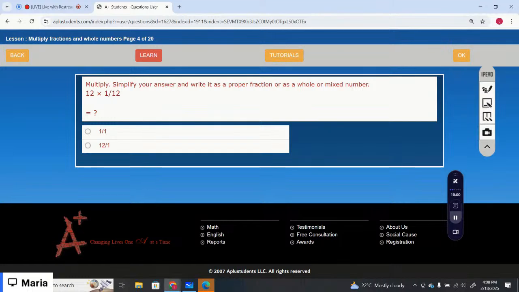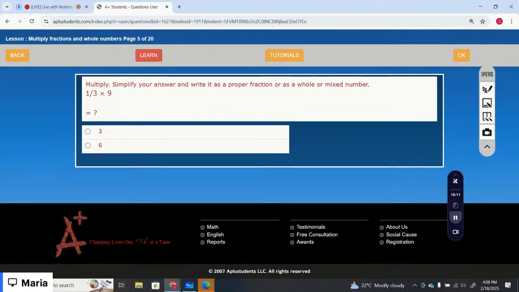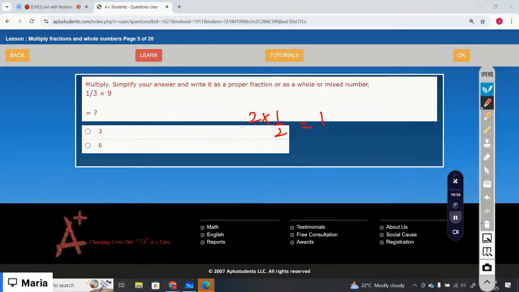12 times 1 over 2, that is 1 over 1 or 1. Option number 1 is the correct option. 1 by 3 times 9. 9 times 1 over 3. 9 times 1 is 9 and 3 times 1 is 3.